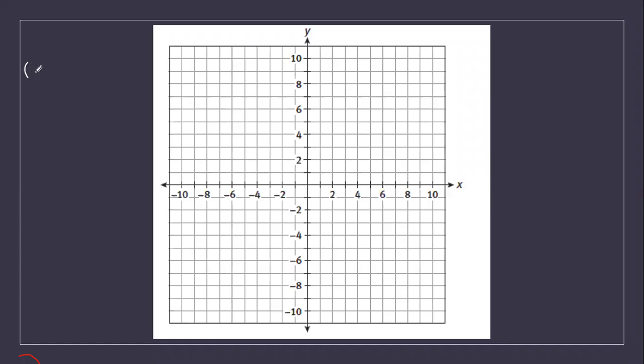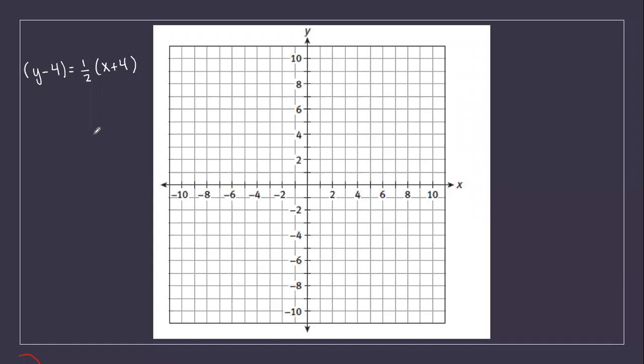So I suggest that you write some good notes, especially with these equations. All right, so I will copy this down. y minus 4 equals 1/2 times x plus 4.